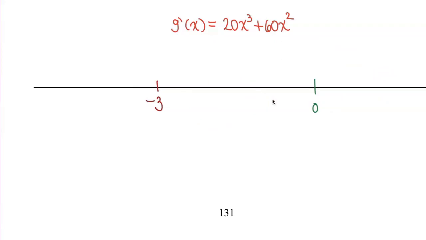So I will pick x equals -4. That will be 20 times -4 cubed plus 60 times -4 squared. All right, I'll get a calculator and type that in.